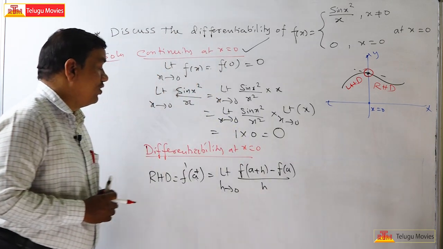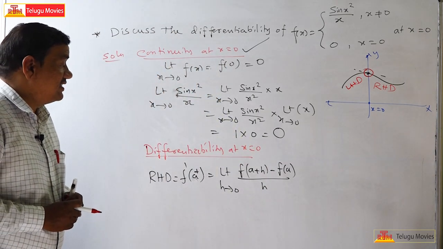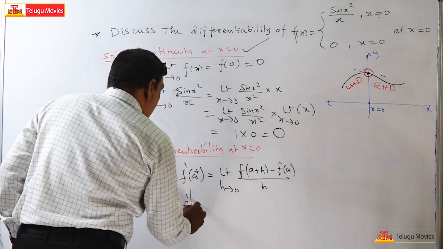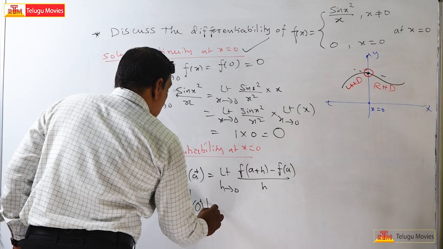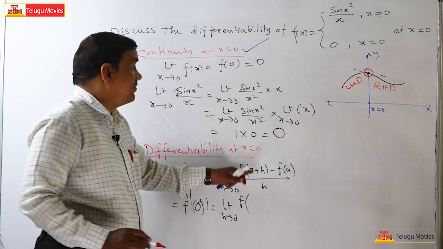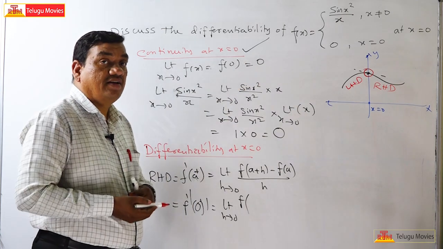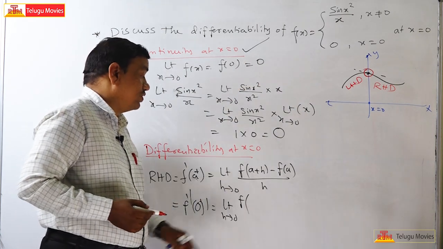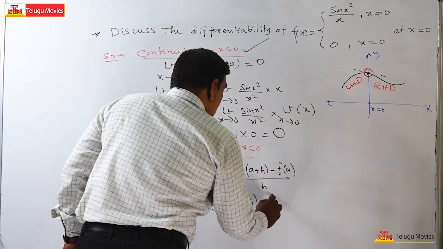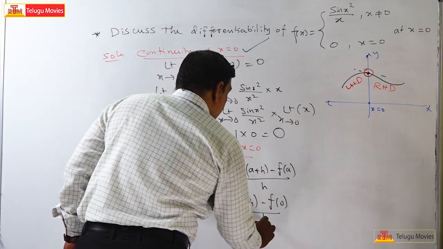Here we are checking at x equal to a, so in place of a, substitute 0: limit h tends to 0, f of h minus f of 0 by h.